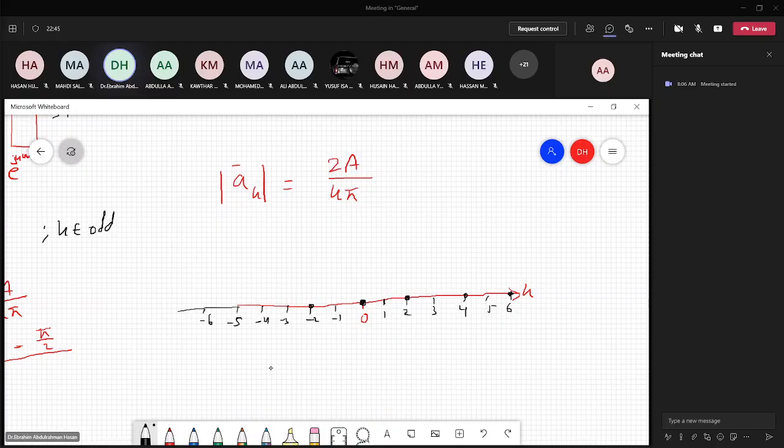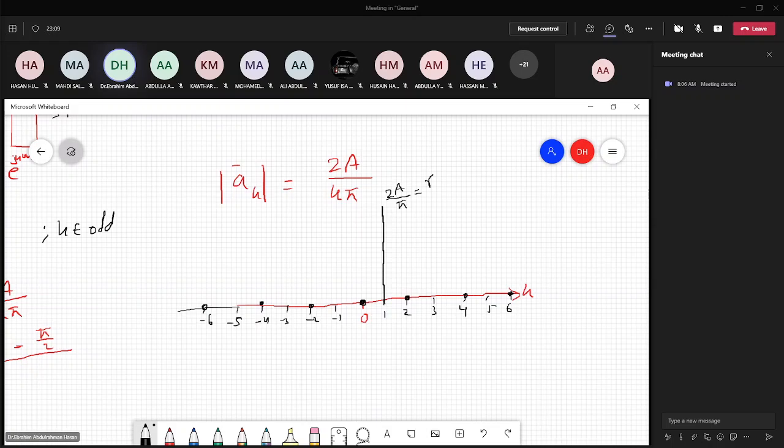Similarly with the minus. Okay, at 1, it is equal to 2a divided by 1 pi, so this is 2a divided by pi. Let me name this one with any letter, gamma for example.